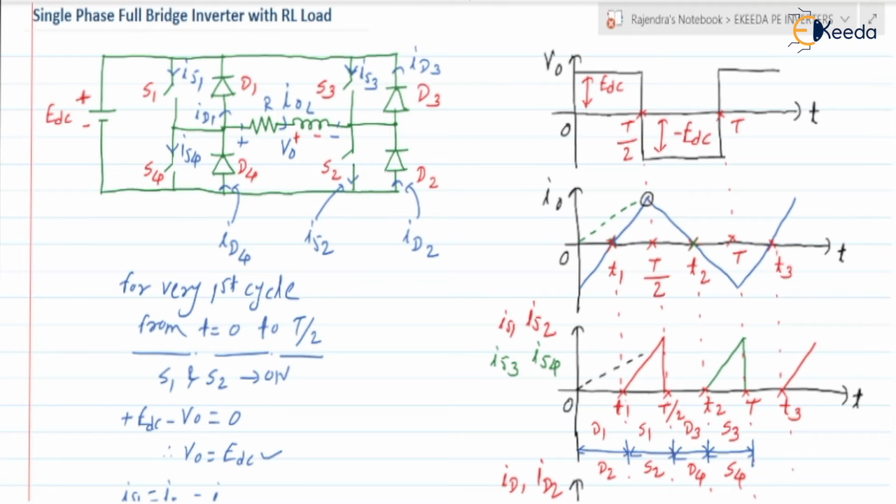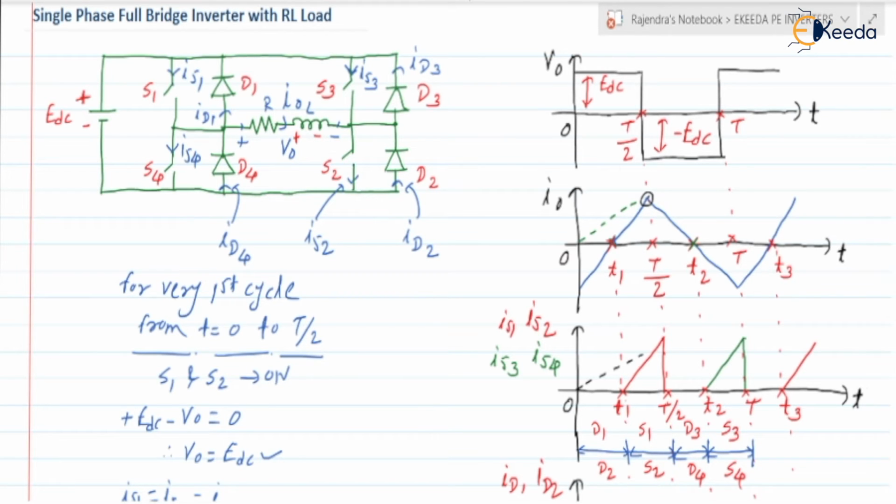In the load we have the inductor. When S1 and S2 turn off, the inductor will oppose the sudden change in the current from I0 to 0 ampere, as if the supply were directly disconnected from the source.